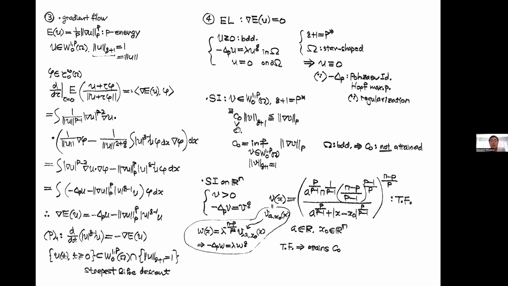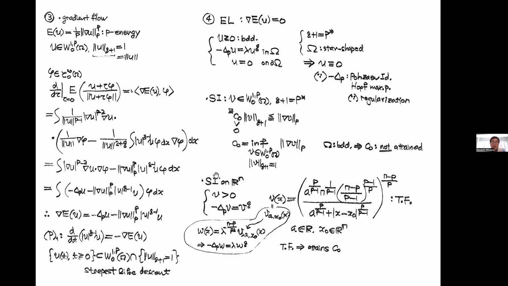The constant C0 is characterized as the infimum of the p-integral of the gradient of v over comparison maps. This is well known. And also, we know that if omega is bounded, then this constant C0 is never attained.